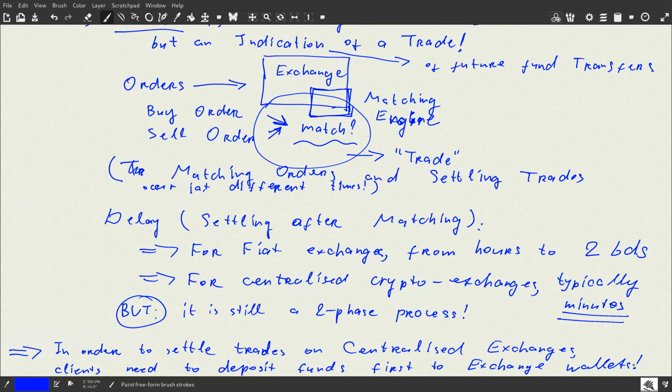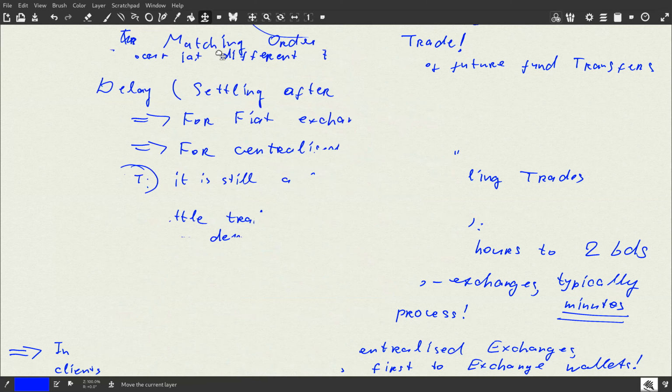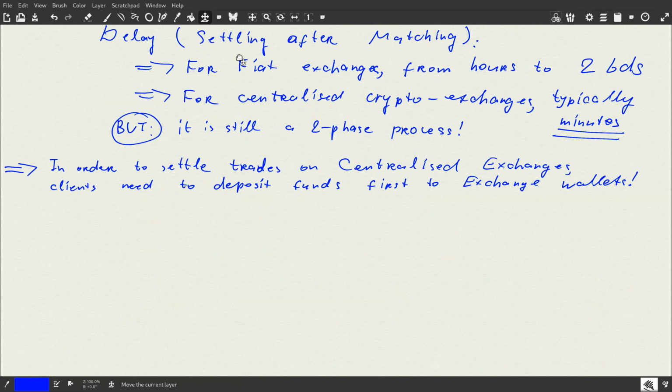This is a very, very big problem and very big limitation. That's completely contrary to cryptocurrency philosophy, I would say. You lose control over your funds at that point.